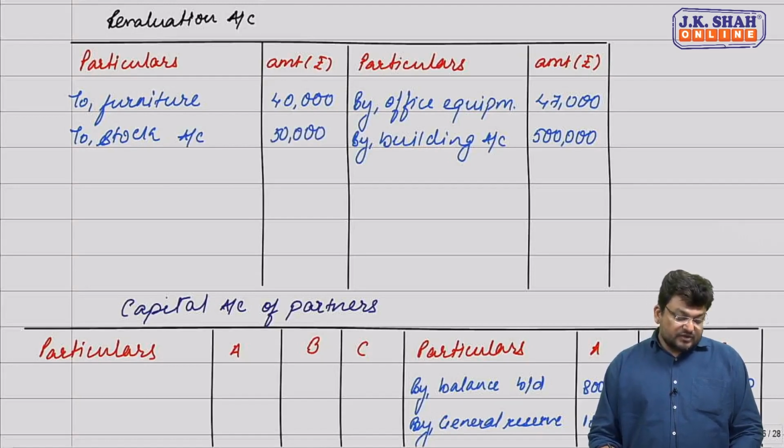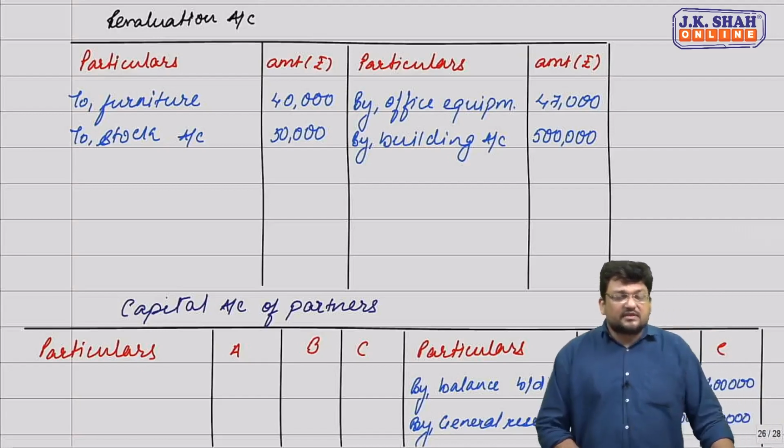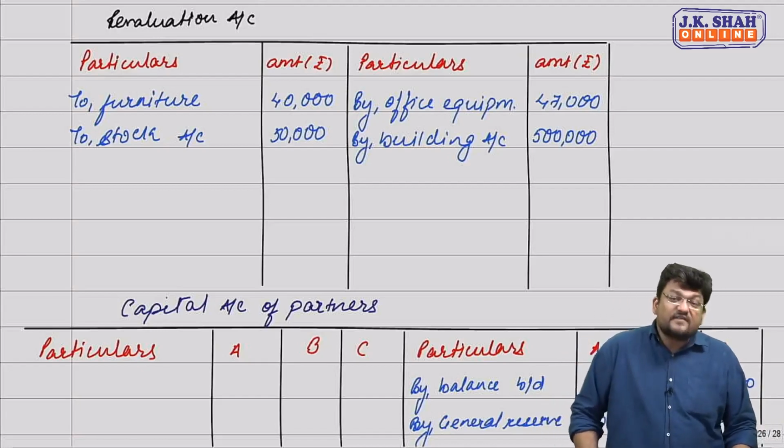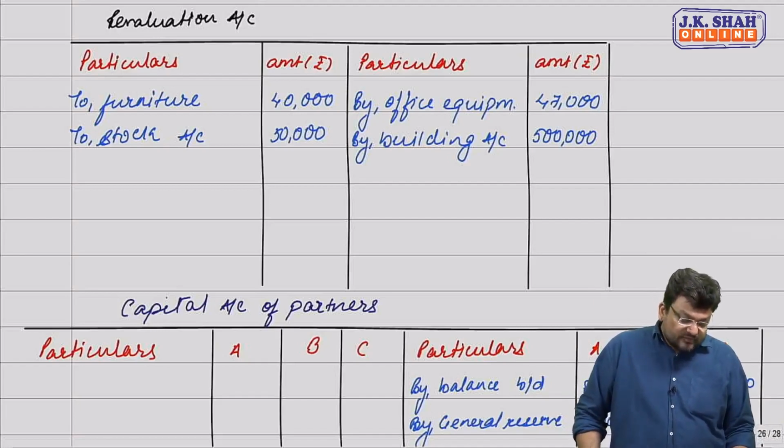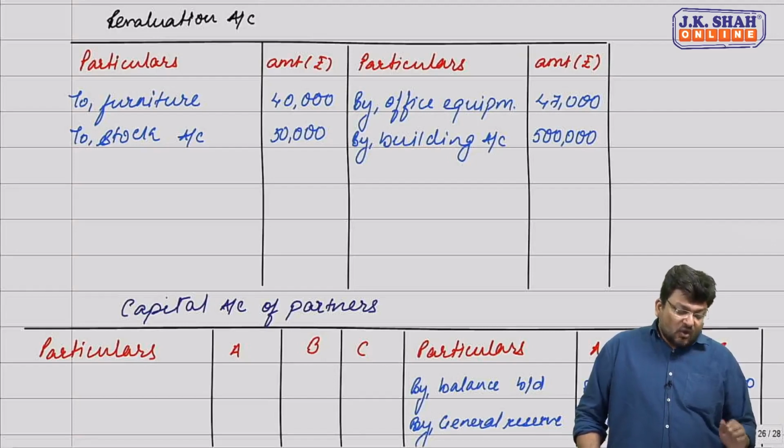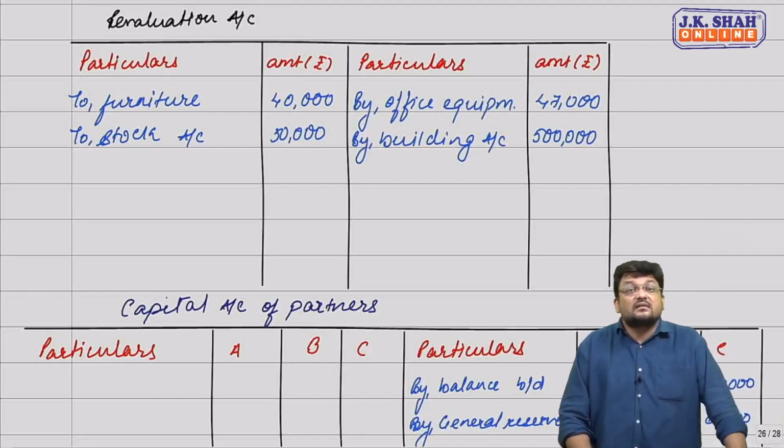Provision for doubtful debt is to be created at 5%. Now, debtors are of 3 lakh. Look at balance sheet. Debtors are of 3 lakh. 5% of 3 lakh comes to 15,000. So your provision for doubtful debt should be 15,000. Already given in balance sheet is 30,000.